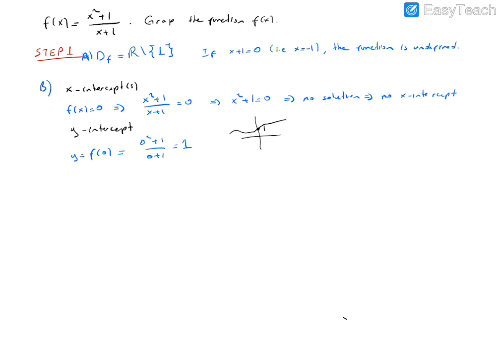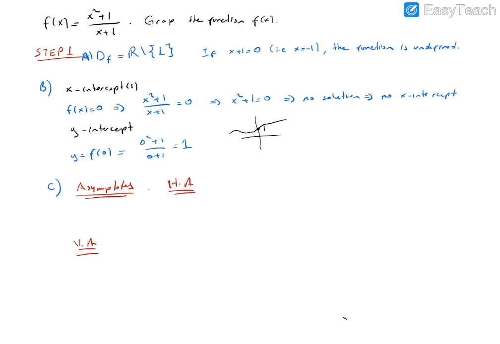And part C of step 1 is the asymptotes. So you should look at the following limits for the asymptotes. We have two asymptotes: first horizontal, second vertical.